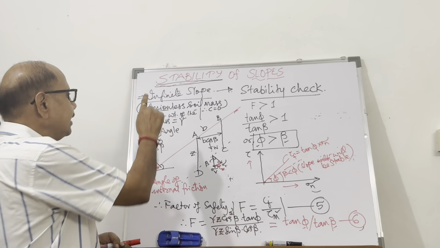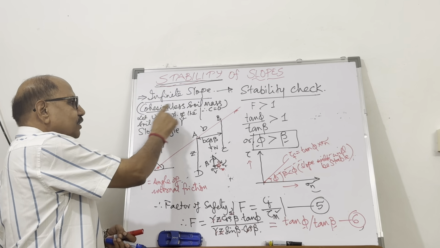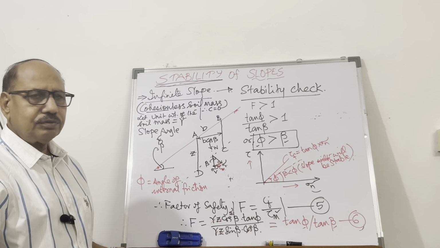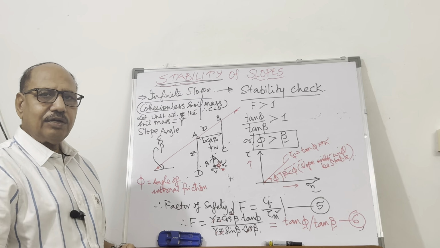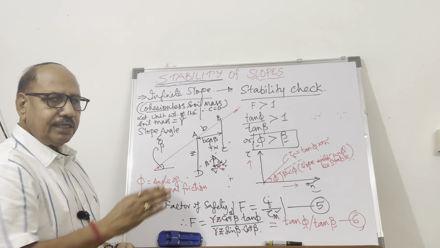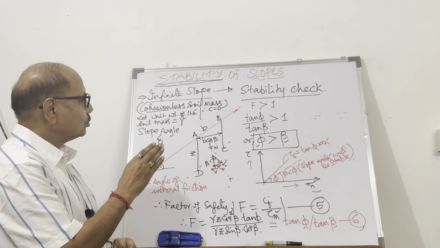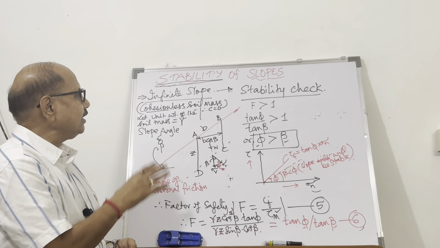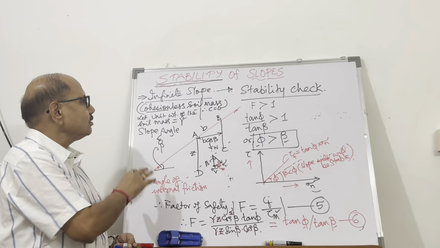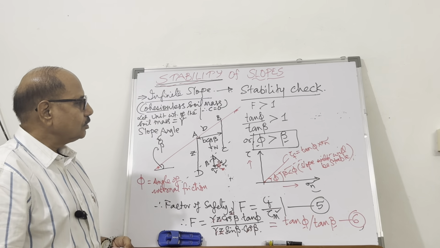So infinite slope of C phi soil will be analyzed in the next video. So I only request you to see all the videos so that you are well acquainted with the stability of slopes.